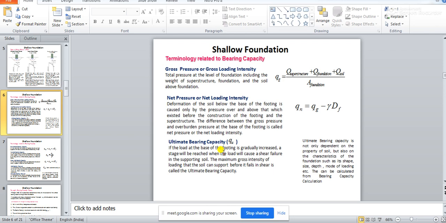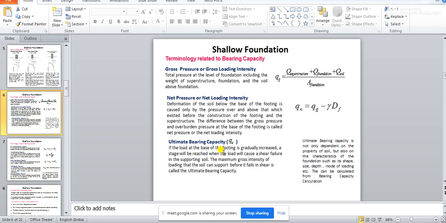You see that ultimate bearing capacity will not only depend on the properties of the soil. That means it will not only depend on the shear strength properties of the soil, which are nothing but your cohesion and angle of internal friction, but also on several other things.